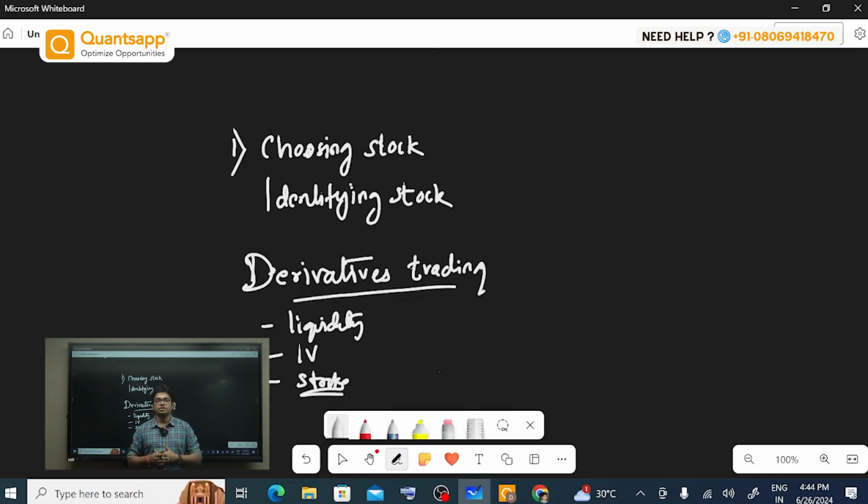So they buy but fail to sell it or book the loss because of the liquidity issue. That is a problem new traders face while identifying stocks.